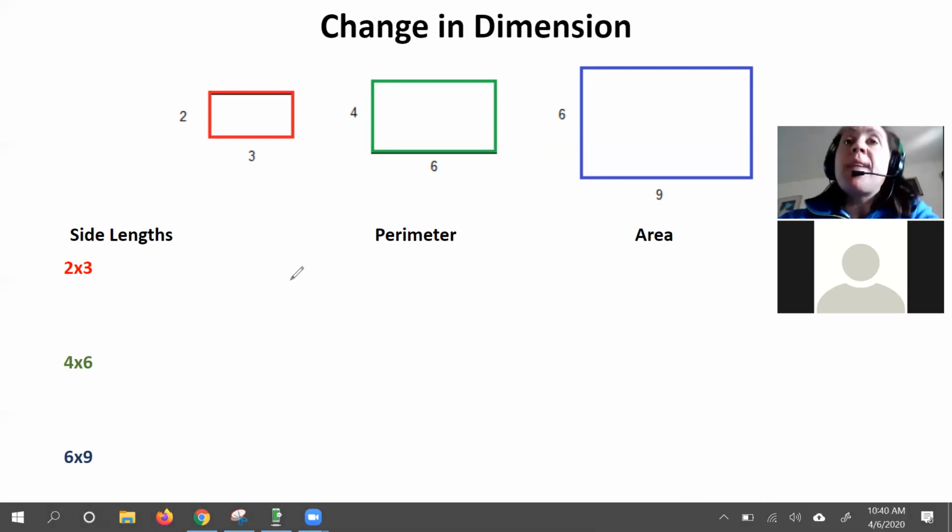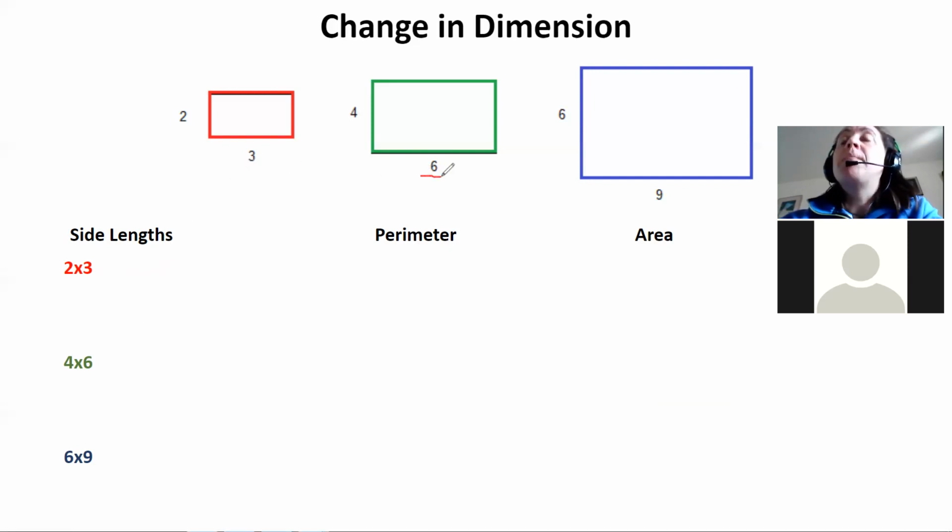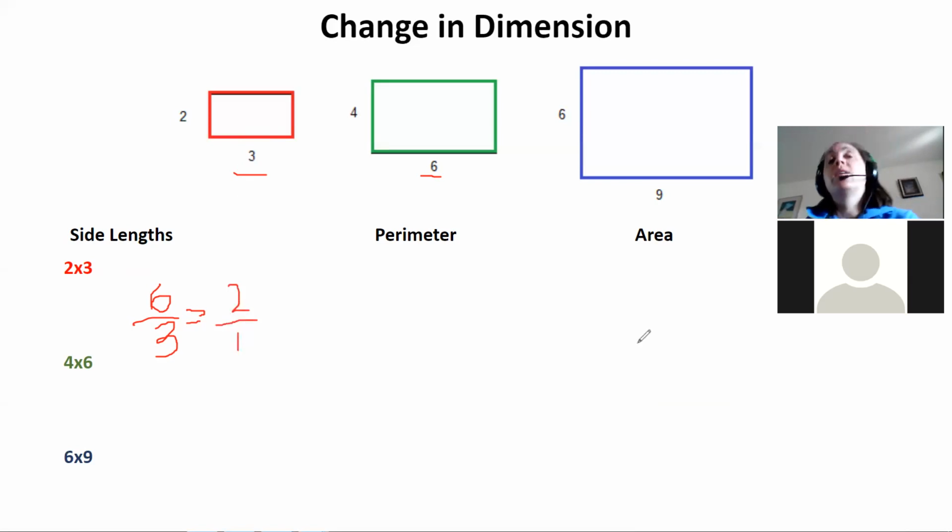If I wanted to compare the side lengths of the 2 by 3 figure to the 4 by 6 figure, I would compare my long side to my other long side of the smaller figure. And I would see that this has a ratio or a scale factor of 2 to 1. Or the bigger rectangle is double the smaller rectangle.